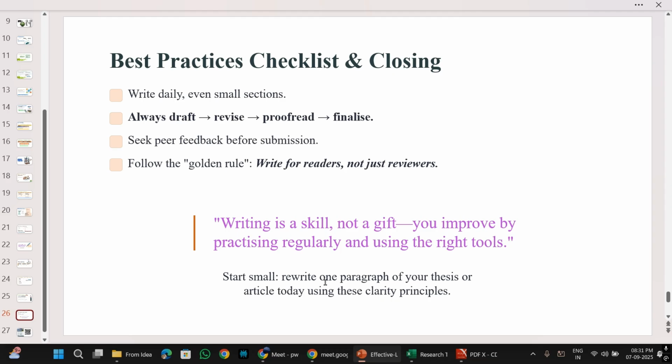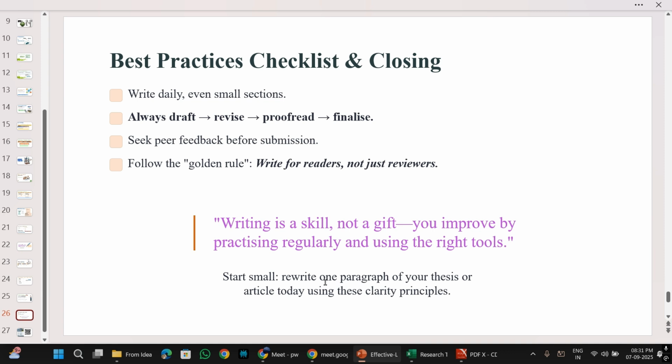You are not born with it. My guide also used to tell me that writing, Diksha, is not a gift. It is a skill that you build over time, and only when you practice. You improve by practicing, not practicing once in a month, but regularly, and using the right tools. When I say tools, I'm not really talking about AI tools, okay?